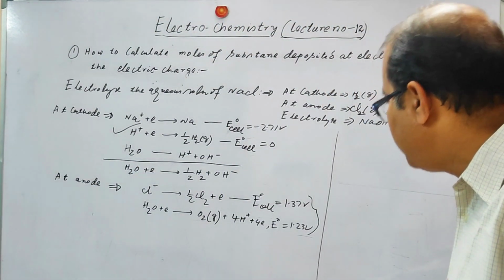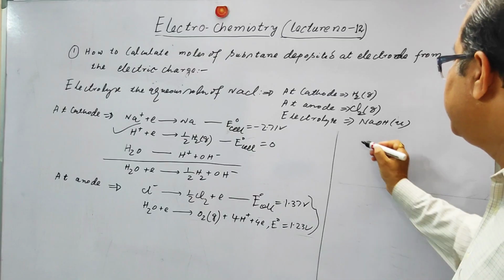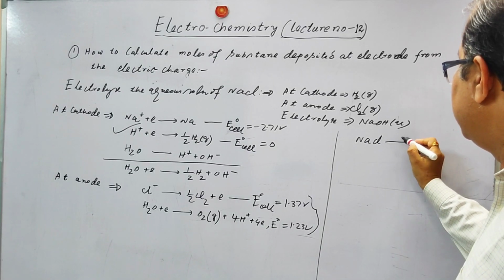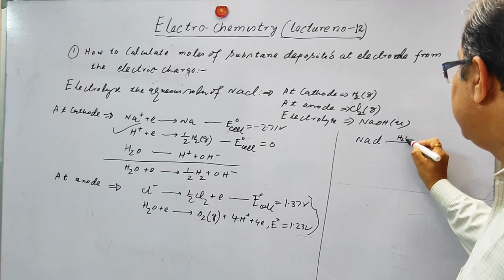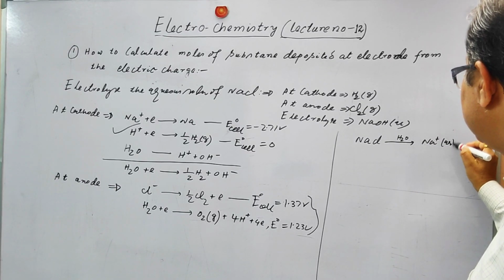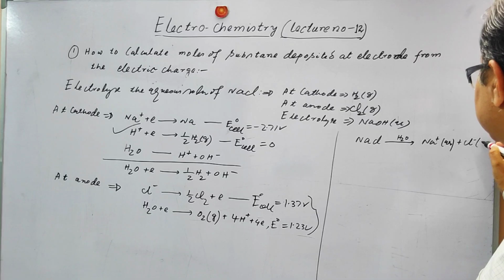Let us understand. The overall reaction: initially NaCl with H2O becomes Na plus aqueous plus Cl minus aqueous.